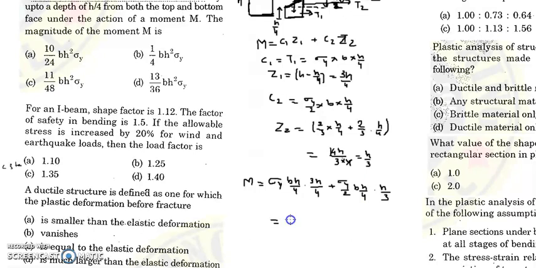So what you are going to get common is sigma y b h square. Here this is going to be 3 by 16. Also I can take 1 by 4 as common. If I take 1 by 4, I get 3 by 4 plus this is going to be 1 by 6.